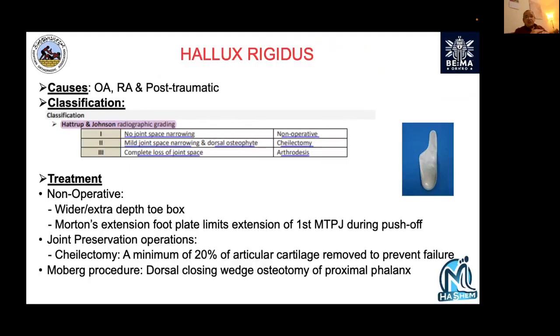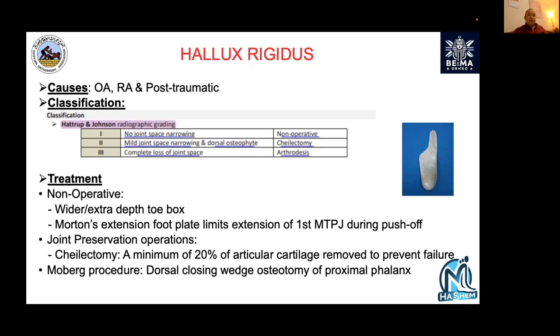It's not just shaving the osteophyte itself. You have to take part of the articular surface, because with time, when you have a dorsal osteophyte, the proximal phalanx starts to develop another osteophyte, which is what we call the kissing osteophyte. So you have to take a proper bite from the articular surface, at least 20%, to give you the effect of proper dorsiflexion, and the patient gets the benefit.